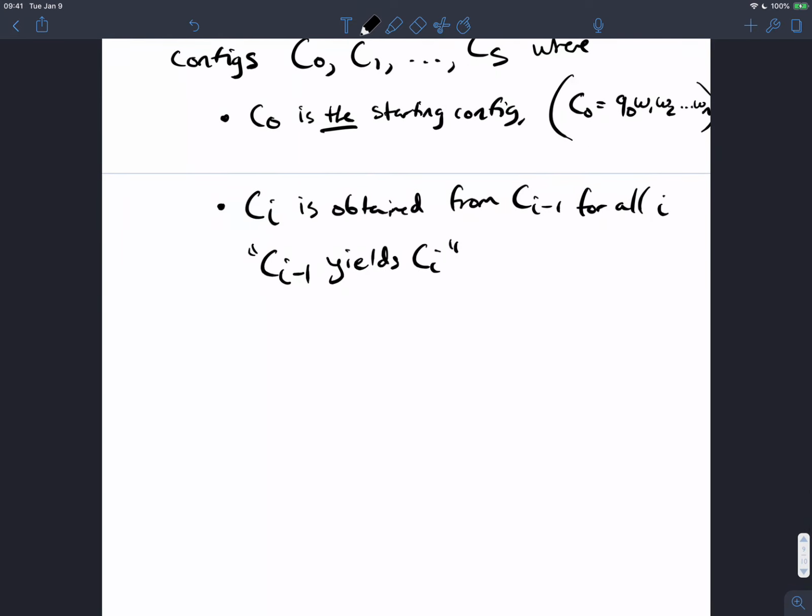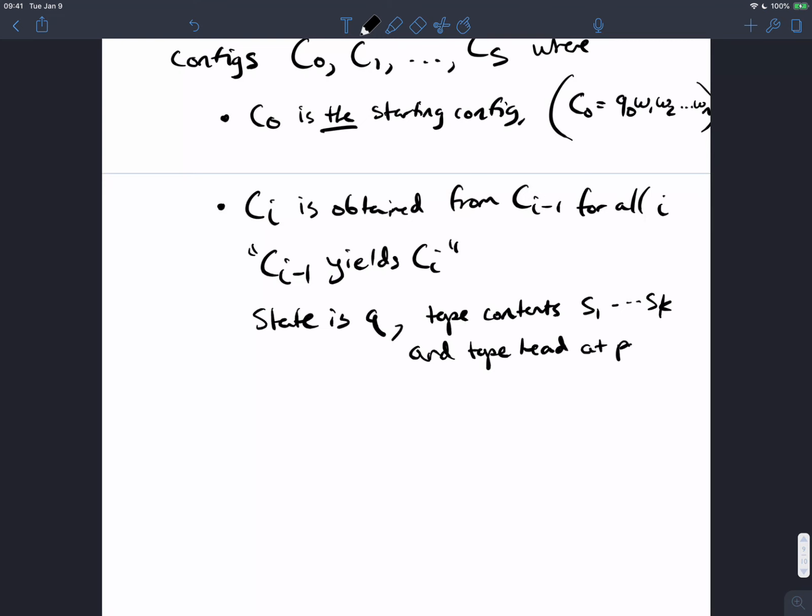So let's say that the state is Q and the tape contents are S1 through SK again, and tape head as before at position I.